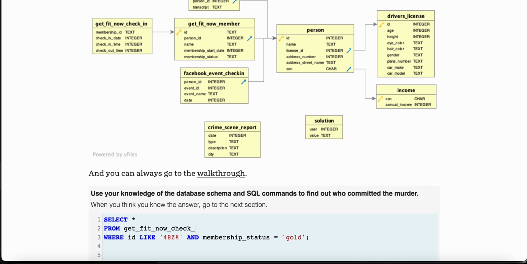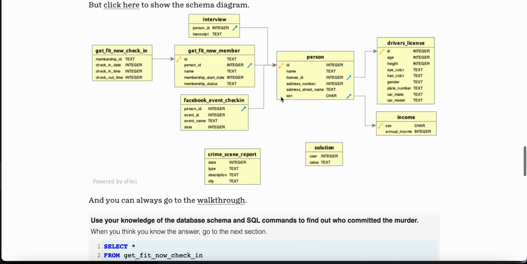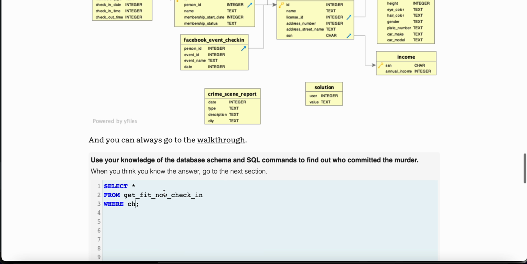Get fit now check in, where, so we don't need all this again. We're checking date. We have that, right? Yeah, check in date equals to 2018 01 09.